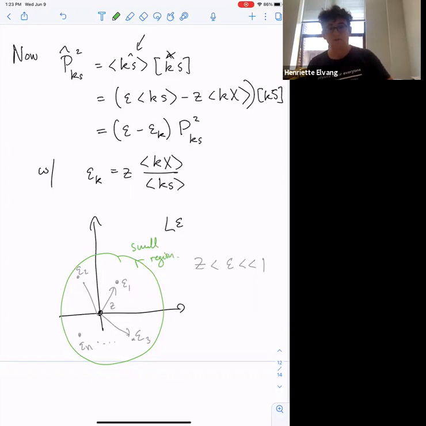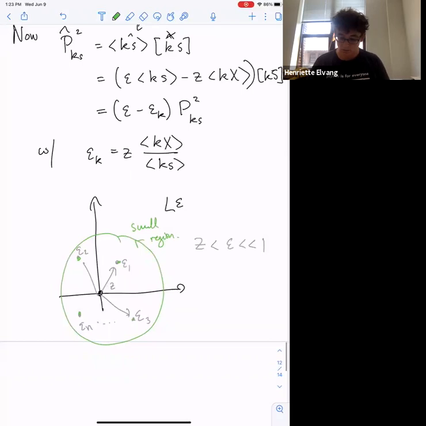In that small region, I know exactly how to compute the residues on each one of these poles, because I know that on each one of the poles, they correspond to an internal propagator going on shell into a cubic amplitude and an n particle amplitude. And then I can extract a lot of information from that.